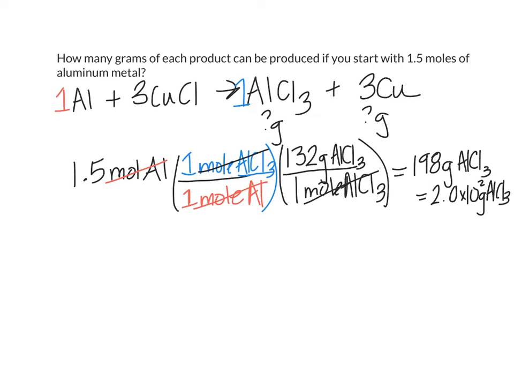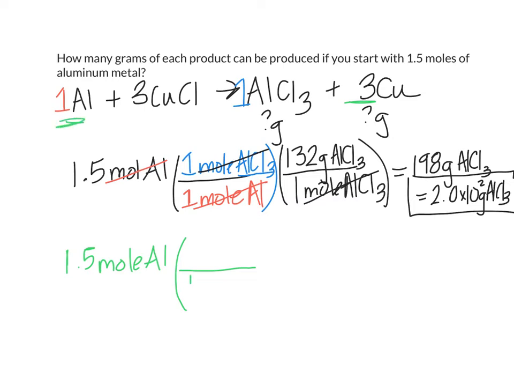So next, we're going to do the same thing to solve for grams of copper. So we start off with our given information of our 1.5 moles of aluminum, and we need to use the mole ratio of copper. So the coefficient of copper is 3, and the coefficient of aluminum is 1. So we have 1 mole of aluminum in the denominator and 3 moles of copper in the numerator.